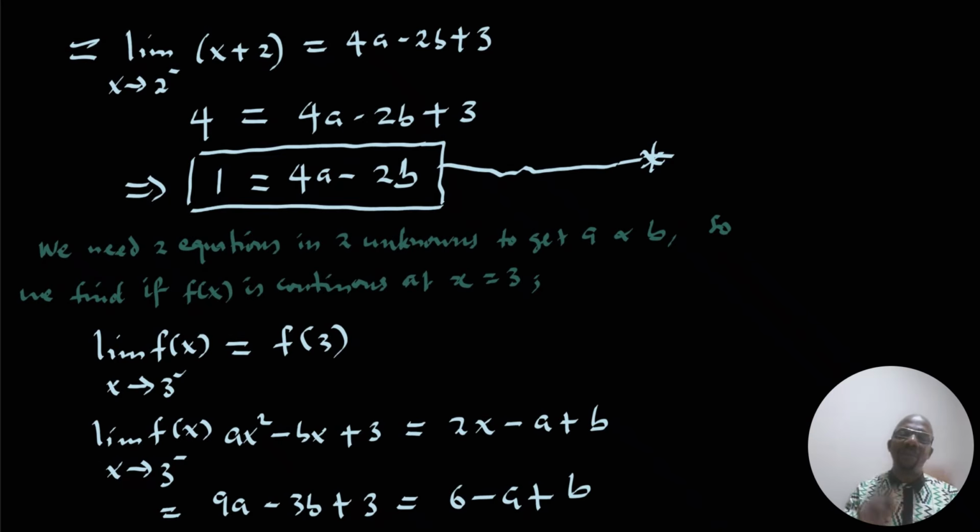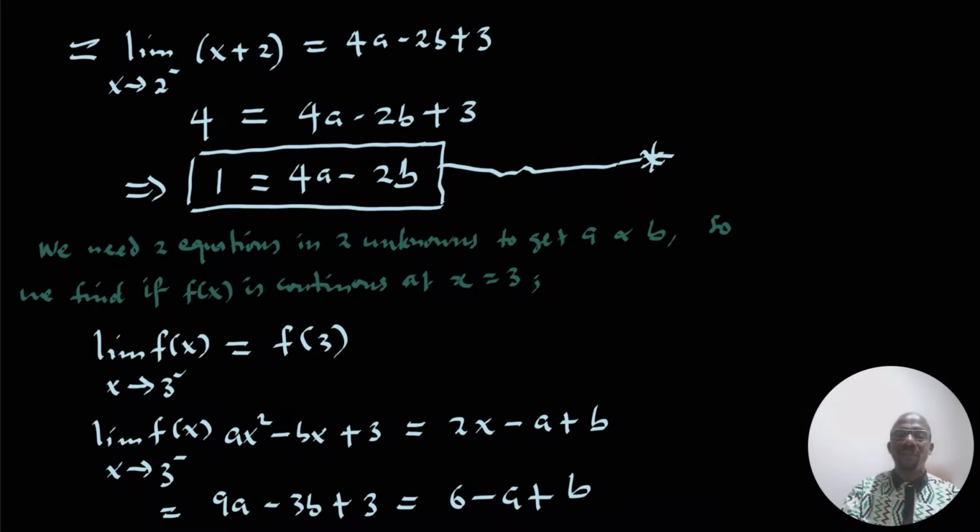We now need the other limit at x equals 3 to get the other linear equation, so as to get a and b. The limit of f as x approaches 3 from the left side gives us this.